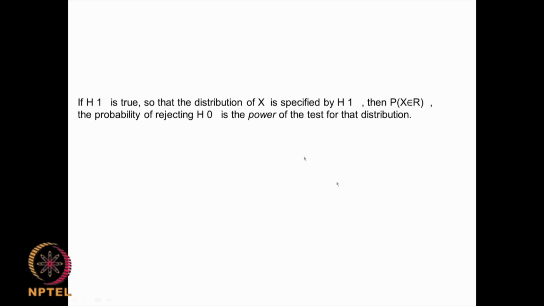There is something called the power of the test. If H1 is true, so that the distribution of X is specified by H1, then the probability of rejecting H naught is the power of the test for that distribution. If H1 is true, you have two situations: you do not reject H naught, that is the beta error, or you reject H naught.